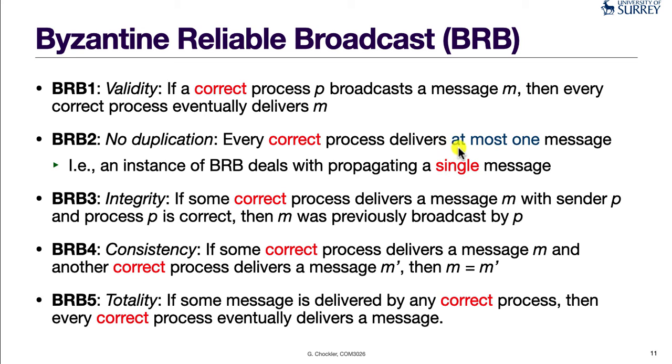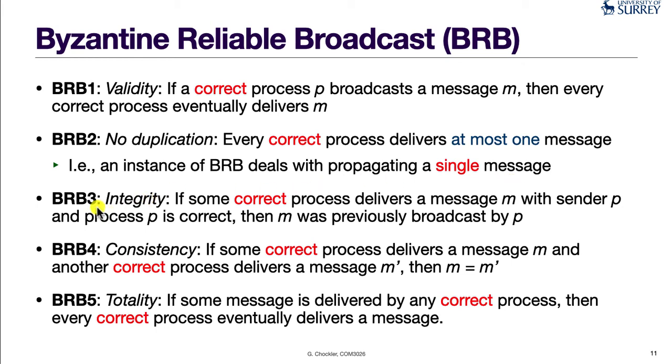This is at most one because, as we mentioned before, a single instance of Byzantine reliable broadcast can only be used for propagating or broadcasting a single message. This is not a real problem, as we have discussed, because we can always string together multiple instances of Byzantine reliable broadcast to propagate as many messages as we want.